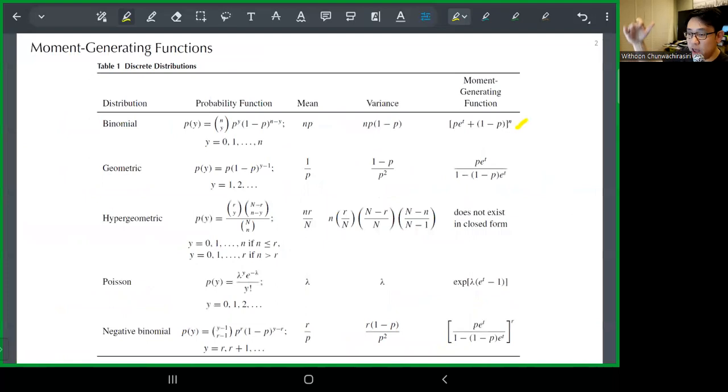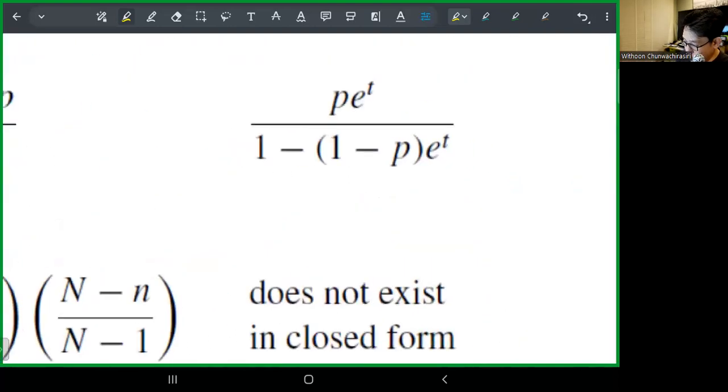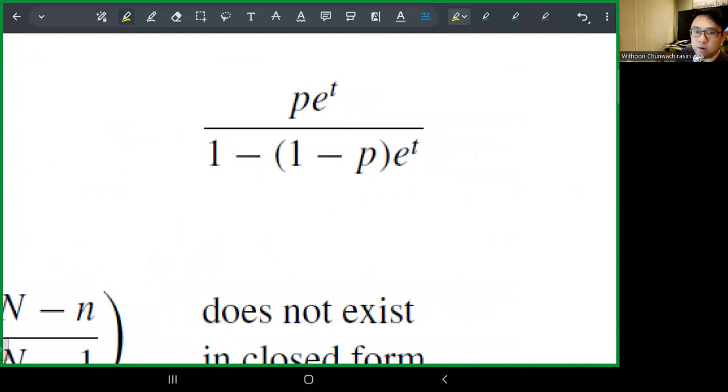So that means if you have a list of all of the shapes and forms of the moment generating functions, what you have to do is just compare them, or recognize them. For example, you have a table that you can come back to and take a look at, and any MGF that looks like this will reflect the geometric distribution, and on and on.